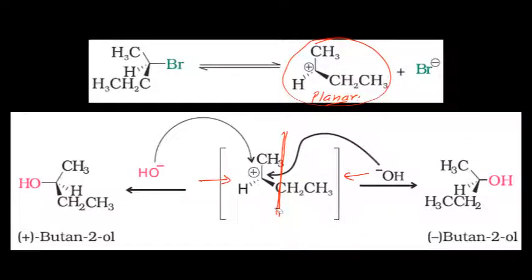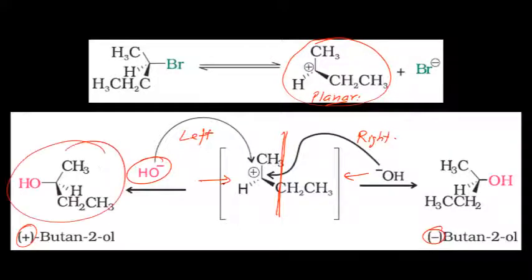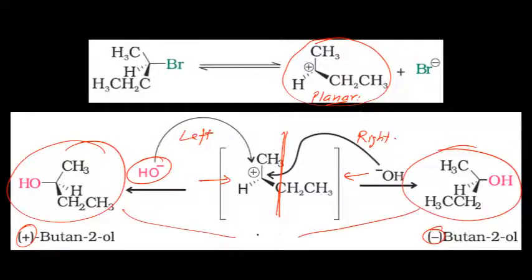So the attack by the nucleophile from the right side or left side has the same probability because the hindrance is the same from both sides. So it means 50% it will be dextro, 50% it will be levo. Because it will be 50% dextro, 50% levo, the mixture of these two will be a racemic mixture.